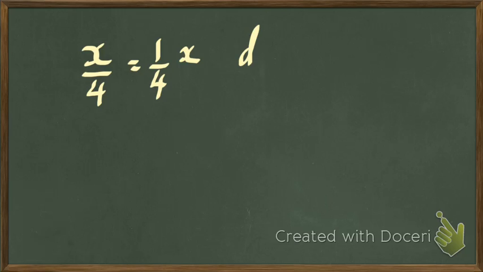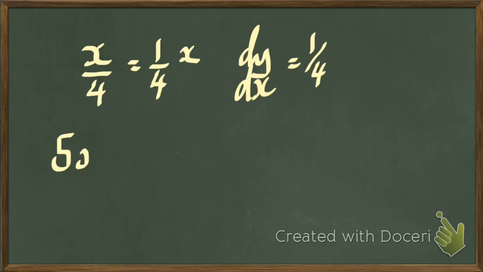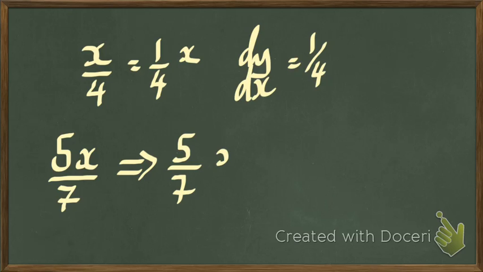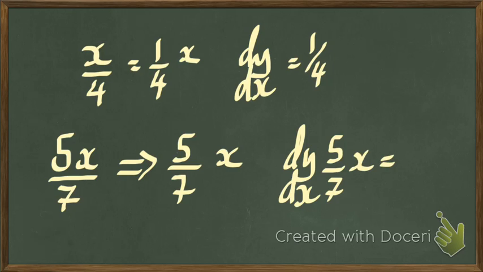Now it's suddenly become any fraction of x. x over 4 is the same as a quarter times x, so dy dx equals a quarter. How about 5x over 7? Can you see what it's going to be yet? It's the same as 5 over 7 times x. Do the dy dx thing on this, and dy dx of 5 over 7 x equals 5 over 7.